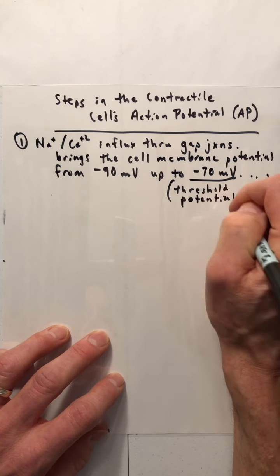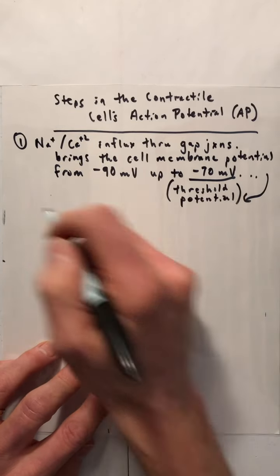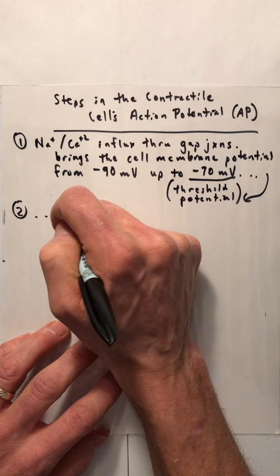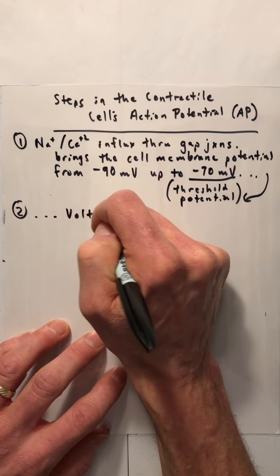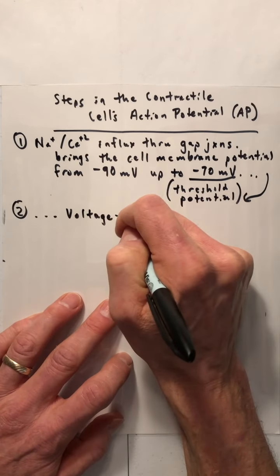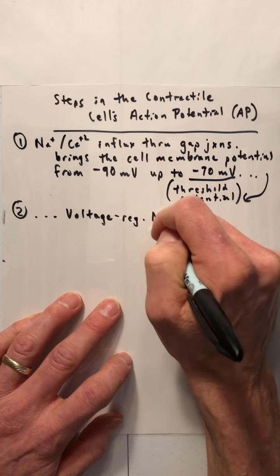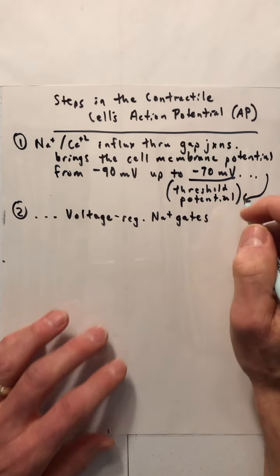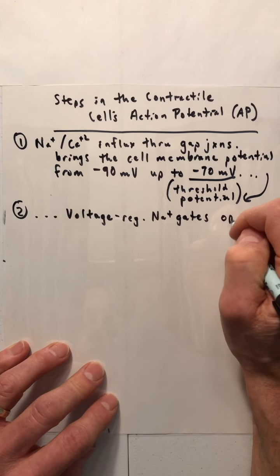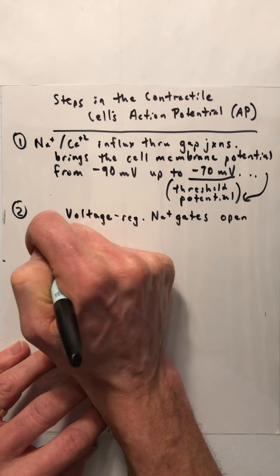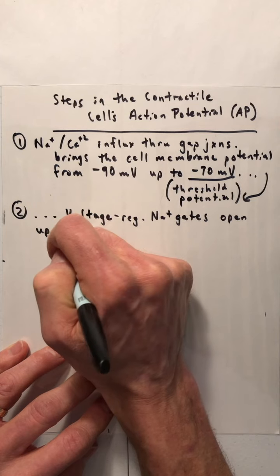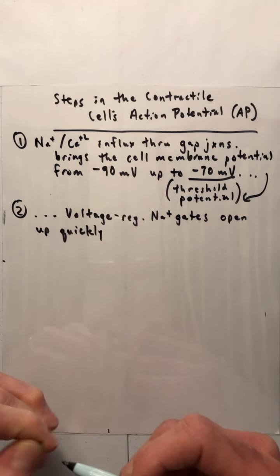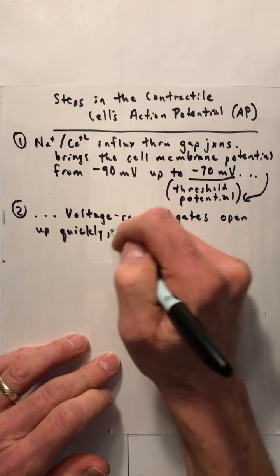So that's exactly what happens next, step 2: those voltage regulated sodium gates, or fast sodium channels, as I described them, open up quickly. And when they open up quickly, fast, they allow an inrush of sodium ions.